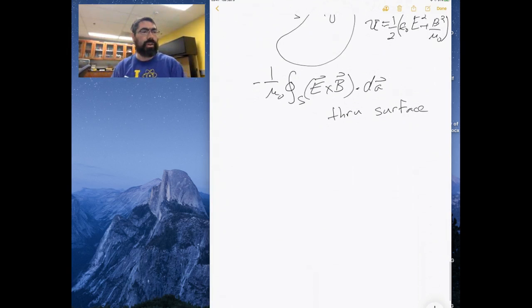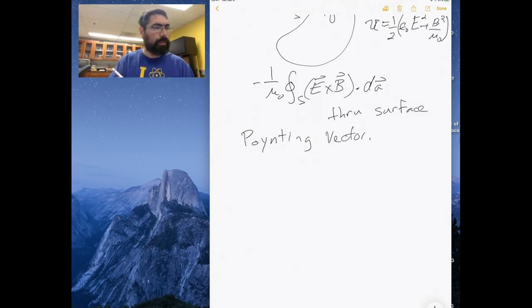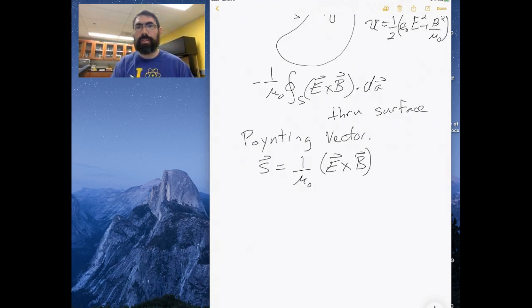And that is often called the Poynting vector, where S is 1 over mu naught, the electric field crossed the magnetic field.